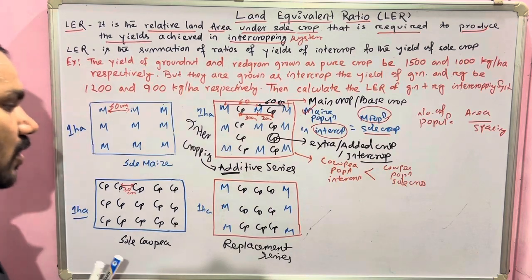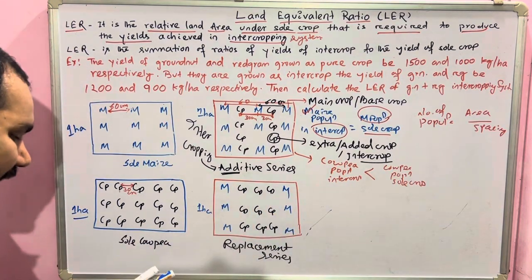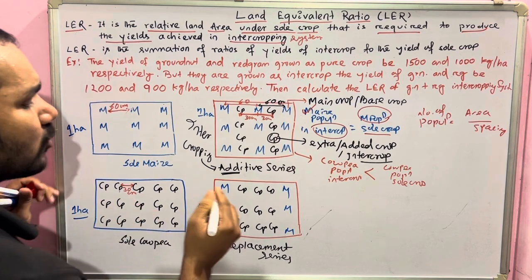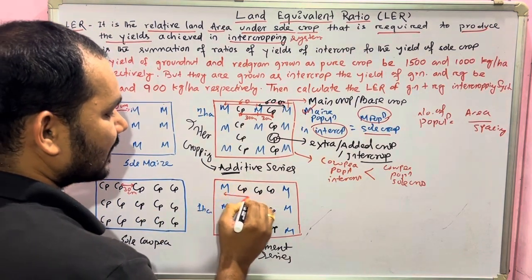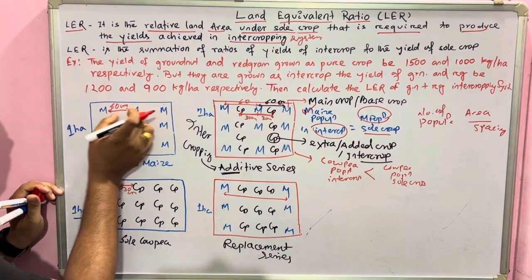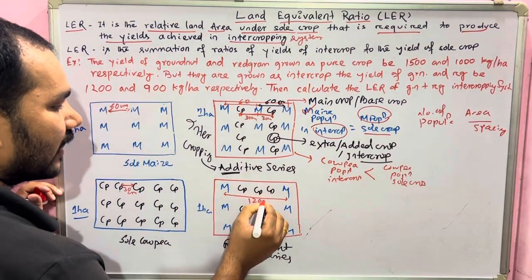If I ask you, what is the spacing between the maize plants? Initially it is 60 and 60, but one is not present, so it is 120 centimeter.